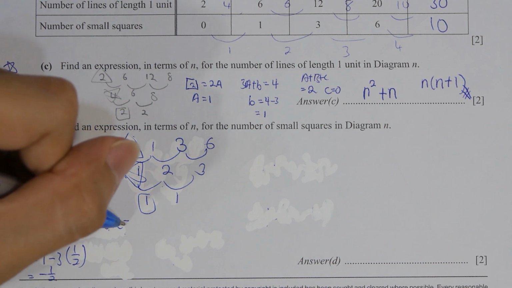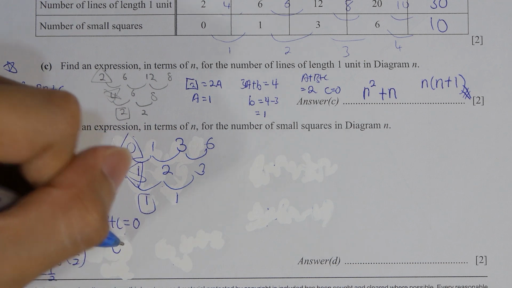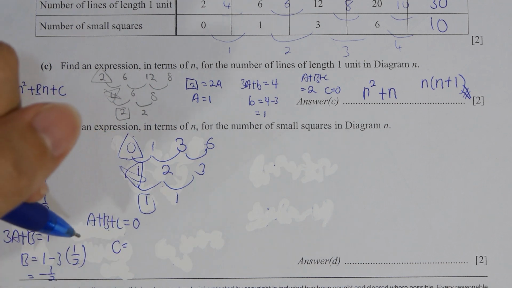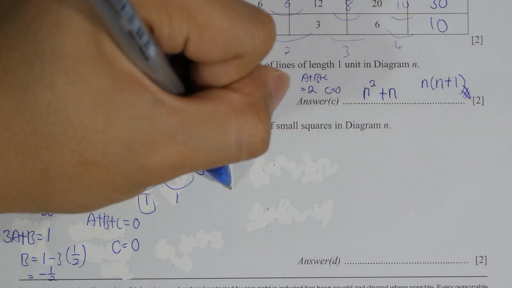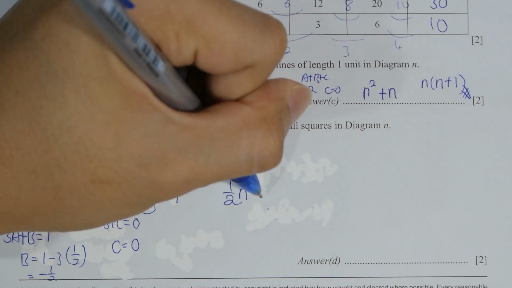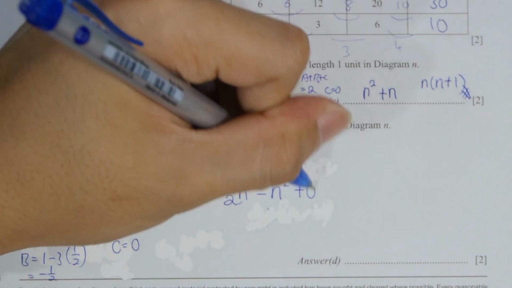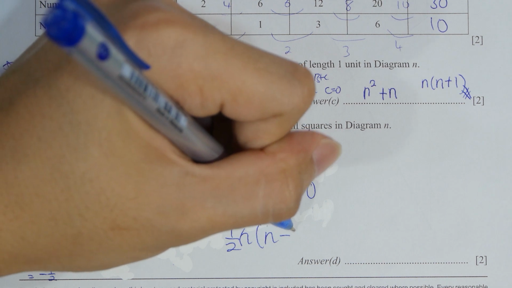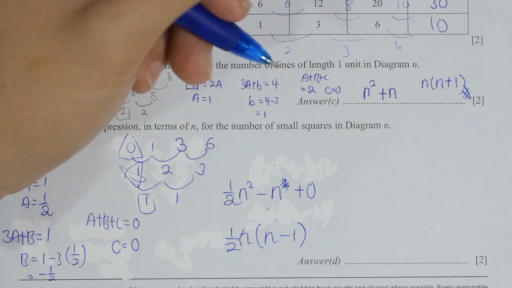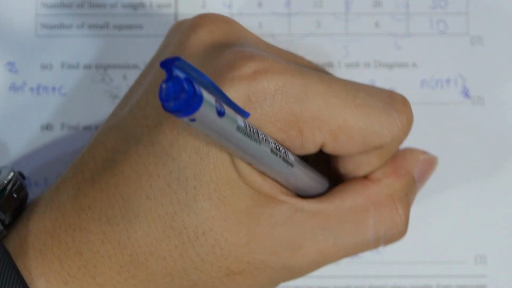So for part D, find the expression in terms of n for the number of small squares in diagram n. Repeat the same thing that we did in part C, then you will get the final answer as 1/2 n(n minus 1).